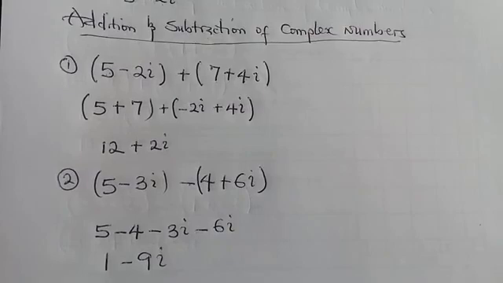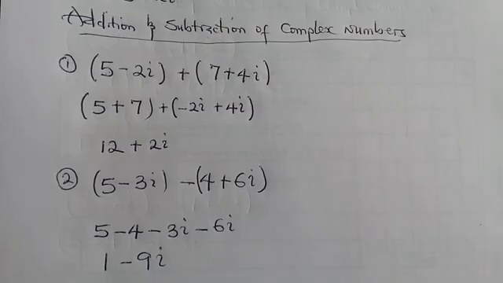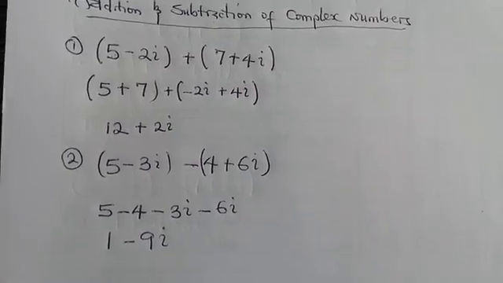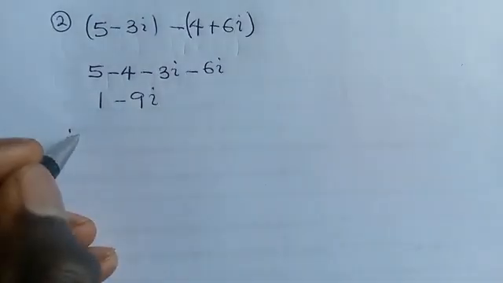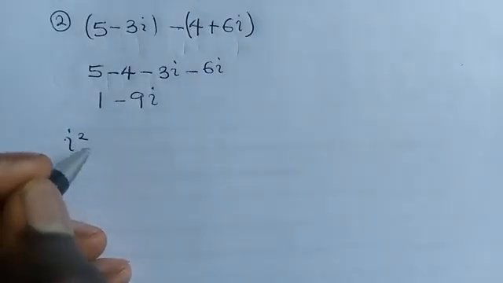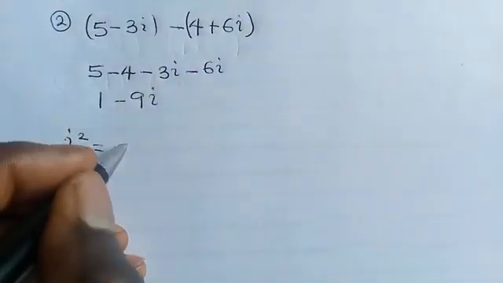We can as well perform multiplication and division of complex numbers. However, one thing that is peculiar to the multiplication of complex numbers is that we need to take note of i squared. And i squared is always equal to minus 1.